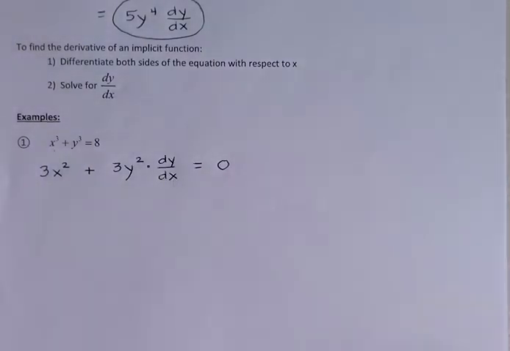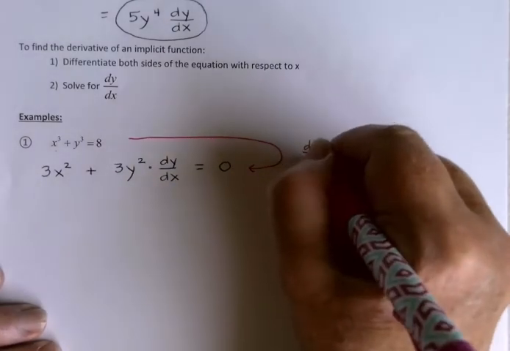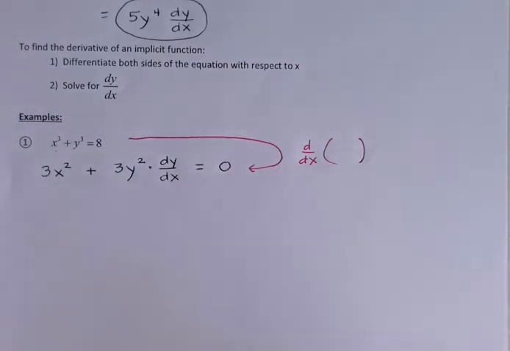So I've literally just taken this whole equation and I've taken the derivative with respect to x of everything, both sides. Again, notice this goes back to that algebraic principle of you can do whatever you want to an equation, pretty much, as long as you do the same thing on both sides, right? In this case, I took the derivative with respect to x on both sides.